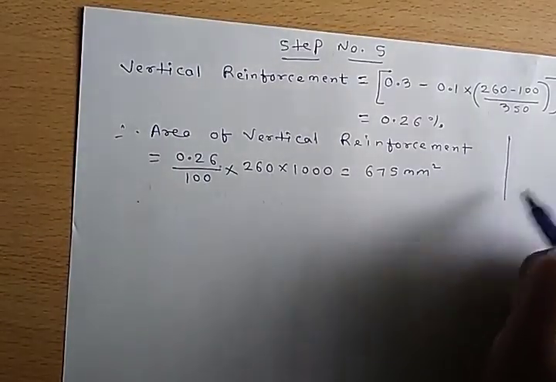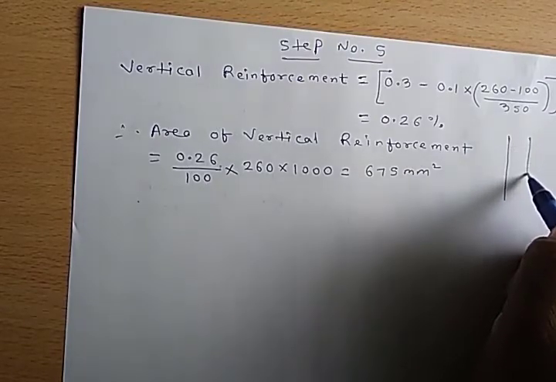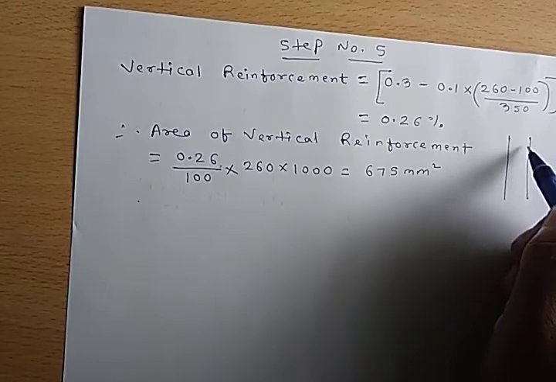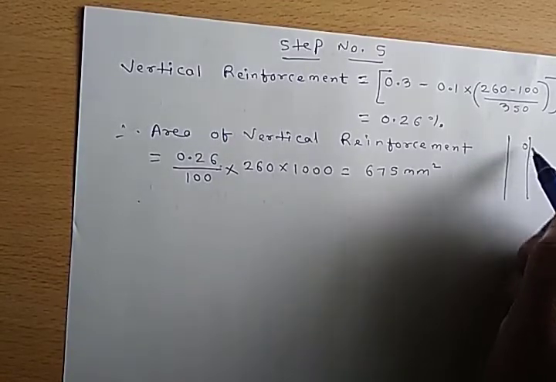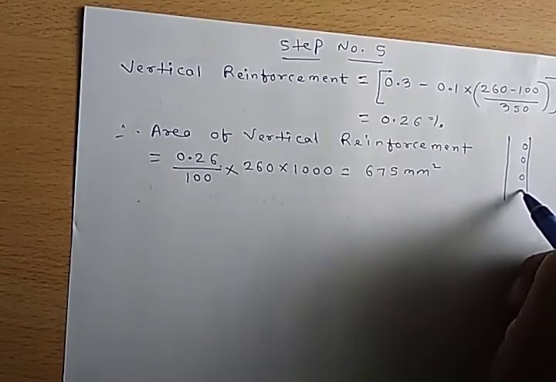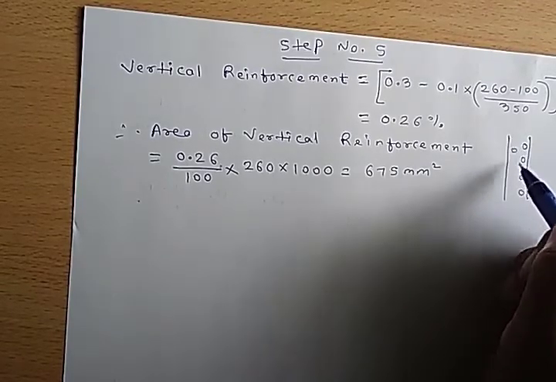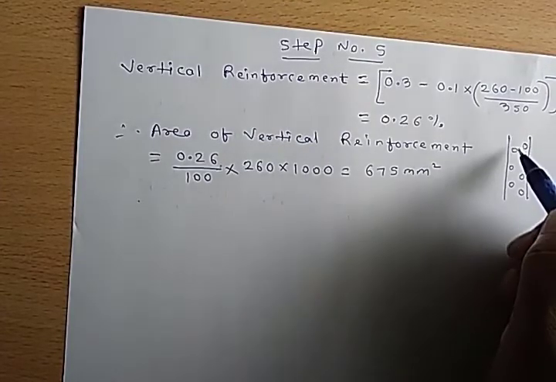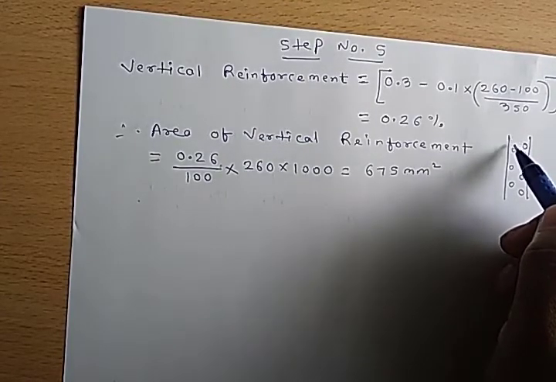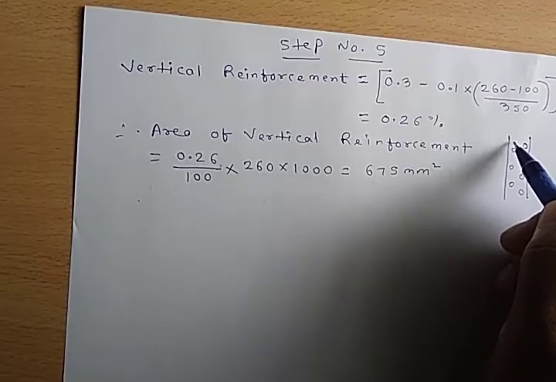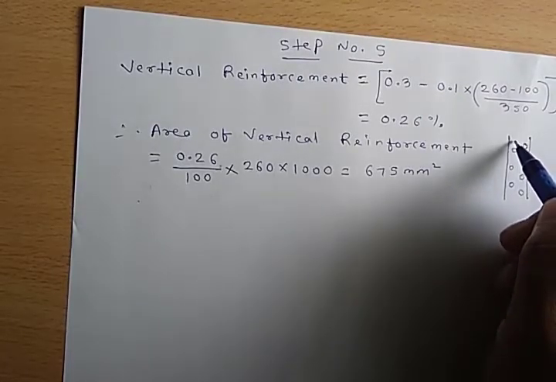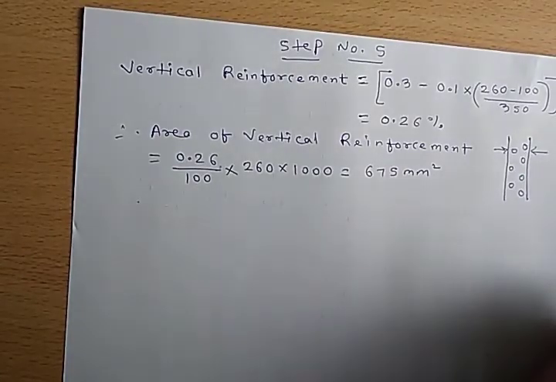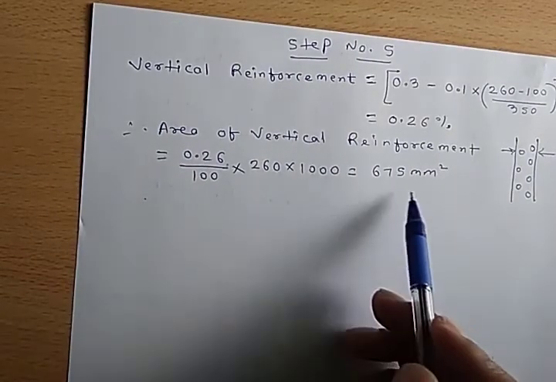So what we are seeing, suppose this is the wall of the tank. Okay, so we have provided the hoop reinforcement like this on both the faces. Now we need to again calculate the vertical reinforcement, not on this face only but on both the faces.